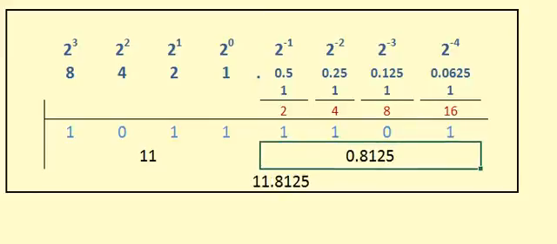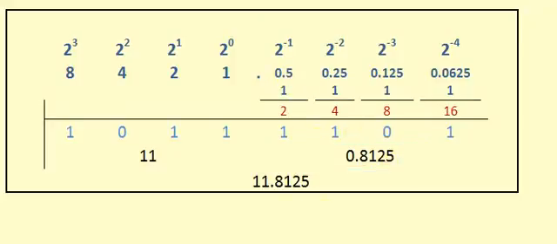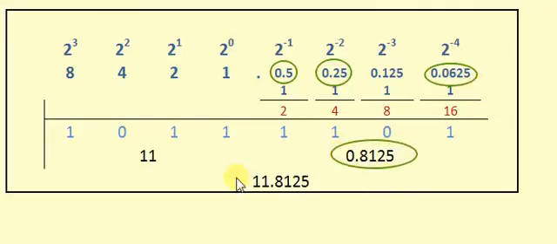So I get the number 0.8125 by adding up these decimal values: 0.5, 0.25 and 0.0625. I've added them up and that's the number I get. So my total value will be 11.8125, and that's how we work with real numbers in denary.